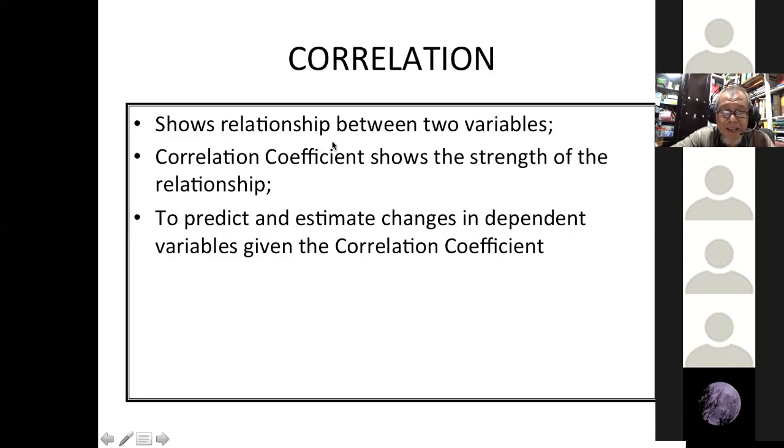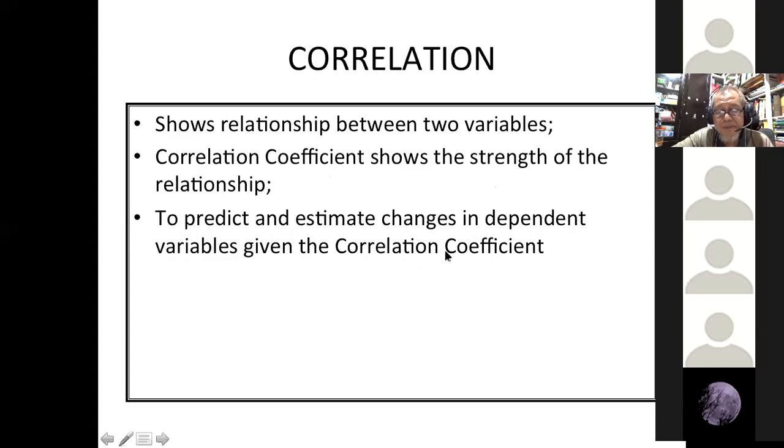The correlation coefficient, that is the R, shows the strength of their relationship. We should call it the magnitude of the correlation. So how strong the correlation between the two variables will be is symbolized by the correlation coefficient. And then, it is used to predict and to estimate changes in the dependent variable.